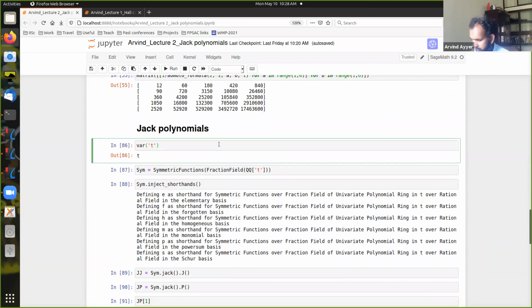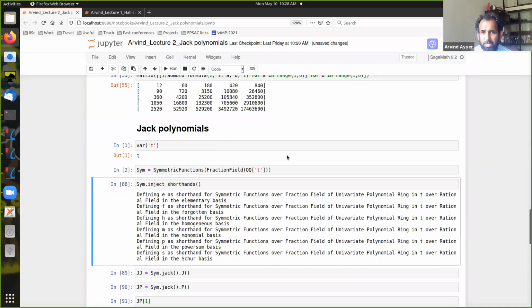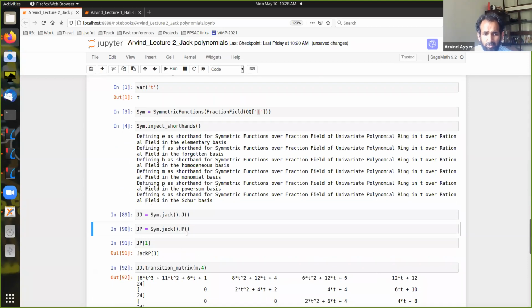Unfortunately, Sage uses the same parameter t instead of alpha to define these. So you cannot muck around with this. I tried, and if you use some other variable, Sage complains. So we have to use the same thing. The way you define them is using Sym.jack.p because there are several Jack polynomials. So this is how it looks.